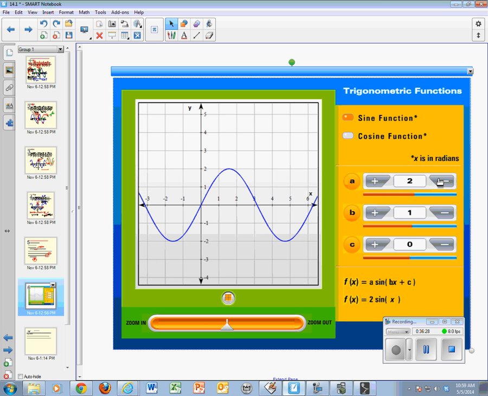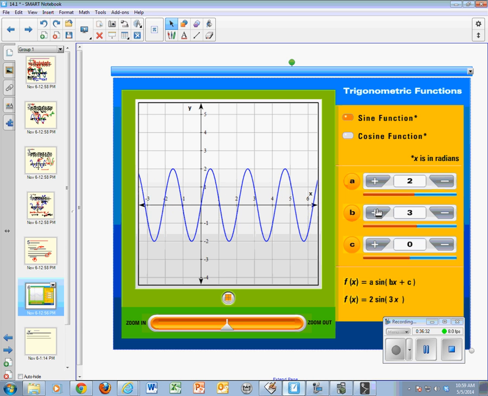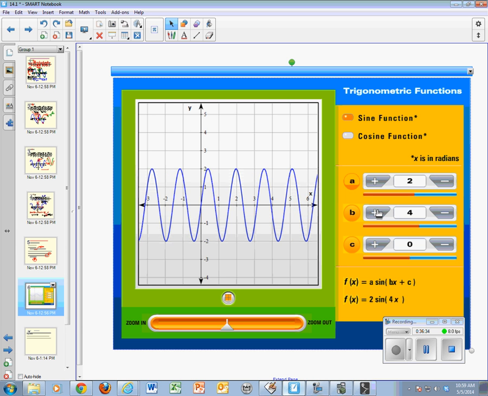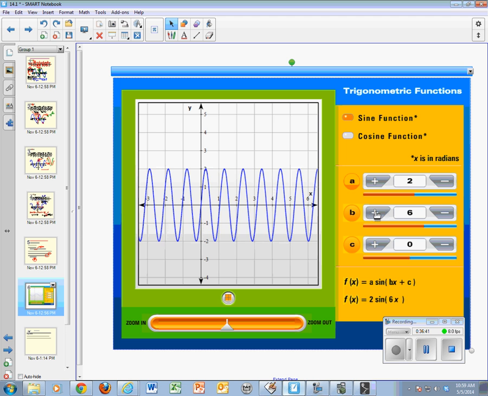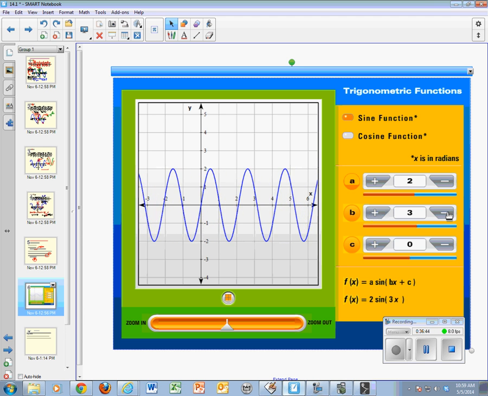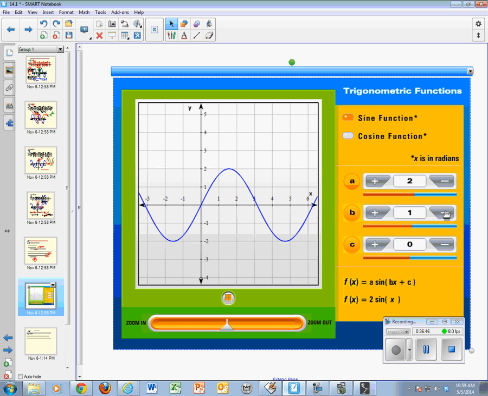If I increase b, look what happens. The cycles keep getting shorter as I increase b. So we have more of those cycles happening in the same horizontal distance. Okay, and then if I make this 0.5 instead of 1, now you're only going to have half that many.